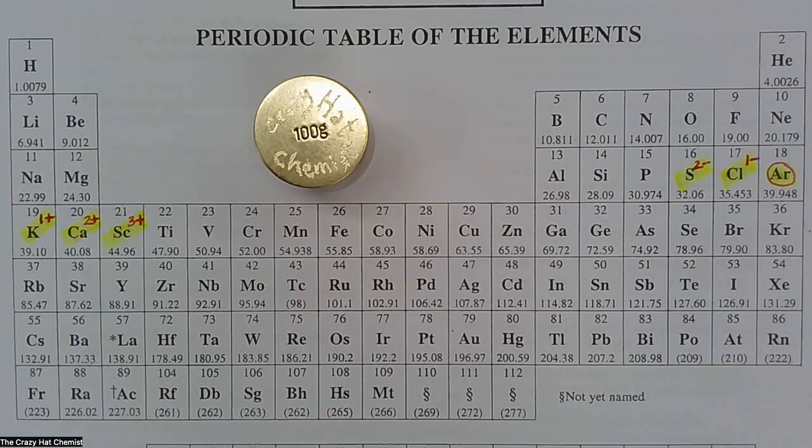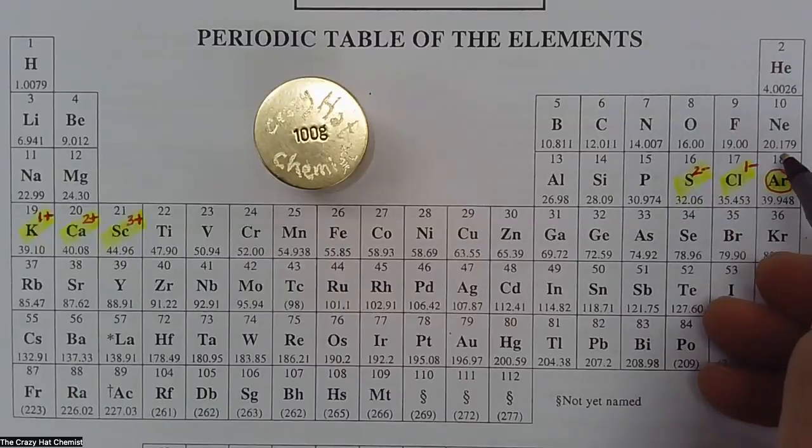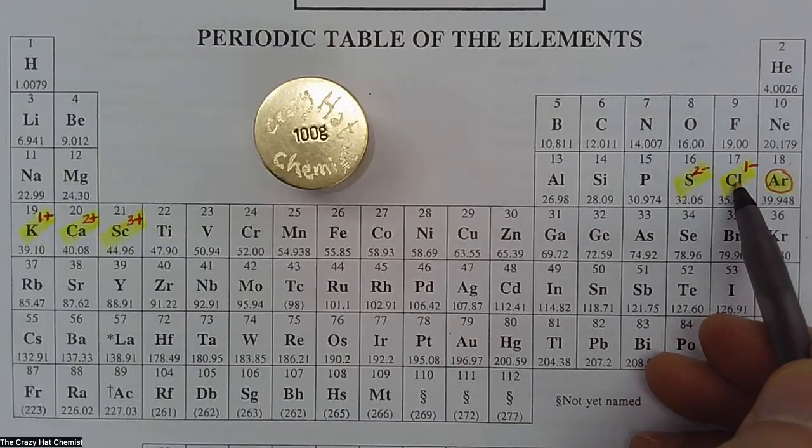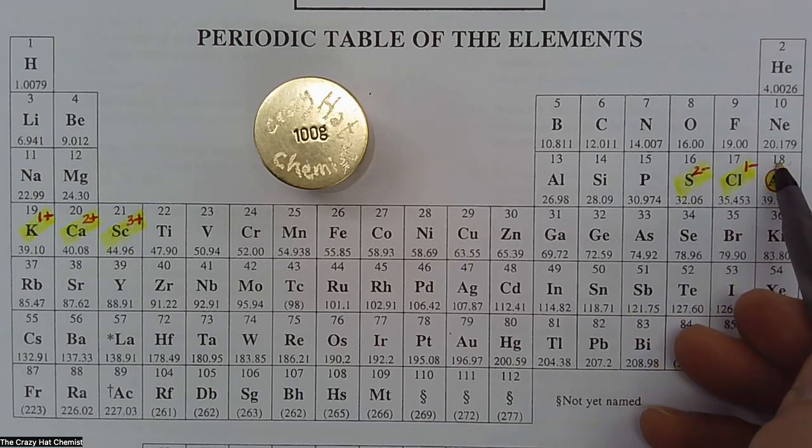You should see that all of these, as the question read, have the same number of electrons as argon. I'm going to verify that for you. How many electrons in argon? 18. Chloride has one more than the number of protons, so 17 plus 1 is 18 electrons.